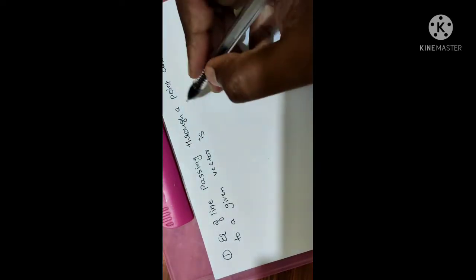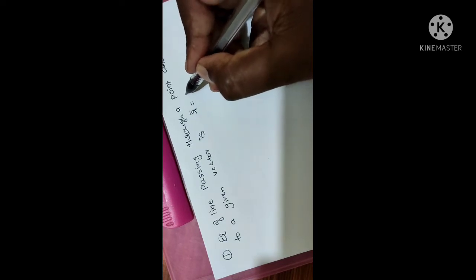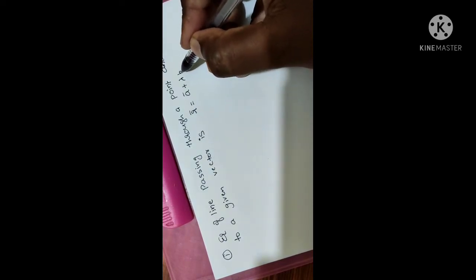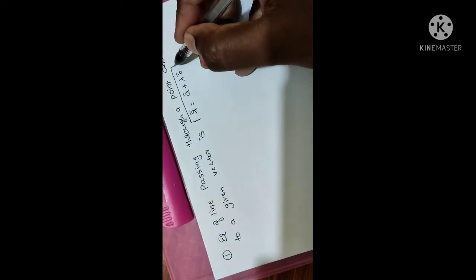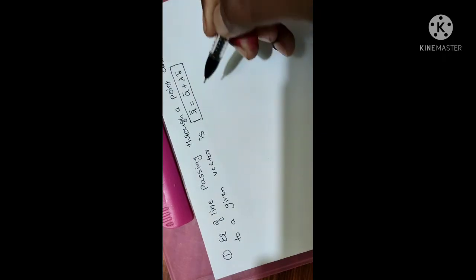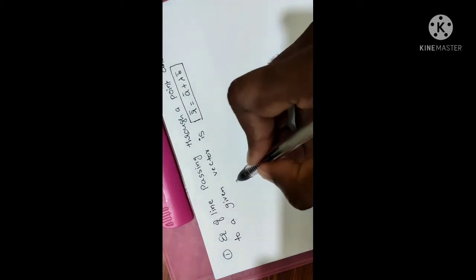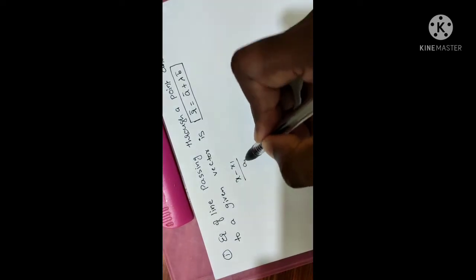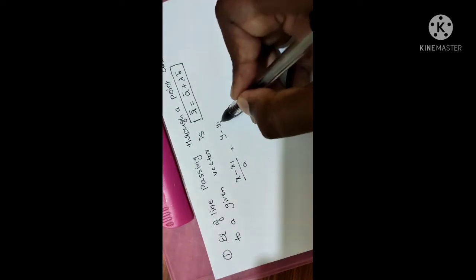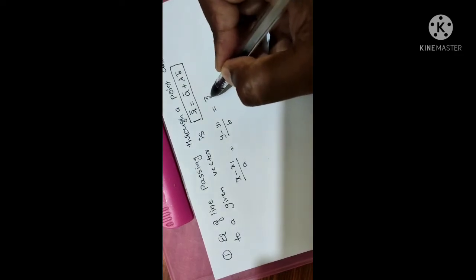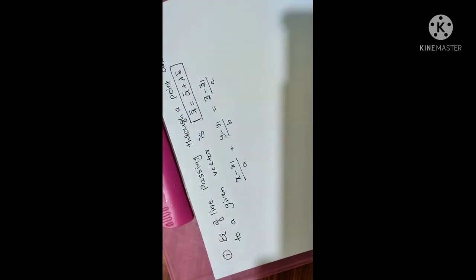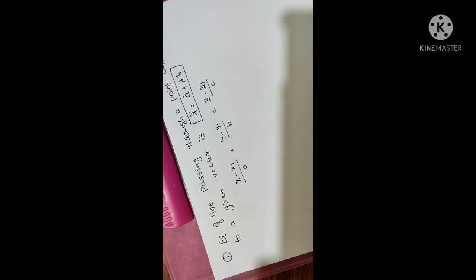The formula is r bar equals a bar plus lambda into b bar. This is the vector form. The same formula we can write in Cartesian form, that is x minus x1 by a is equal to y minus y1 by b equals z minus z1 by c. This is called Cartesian form.